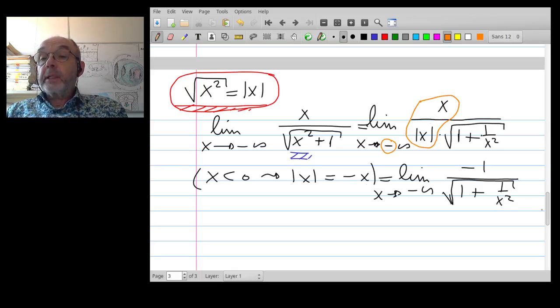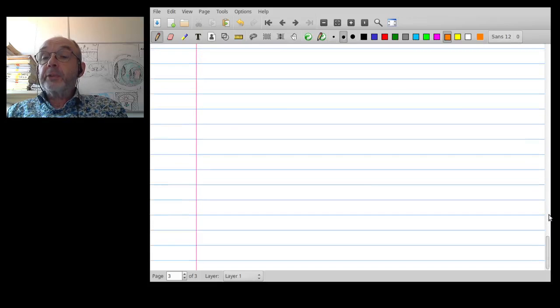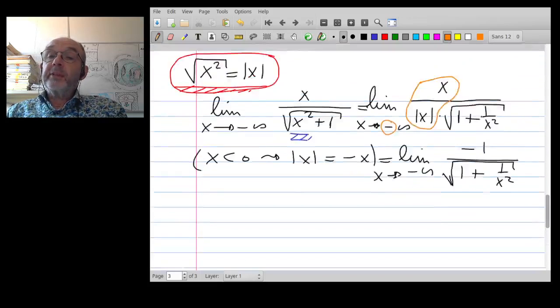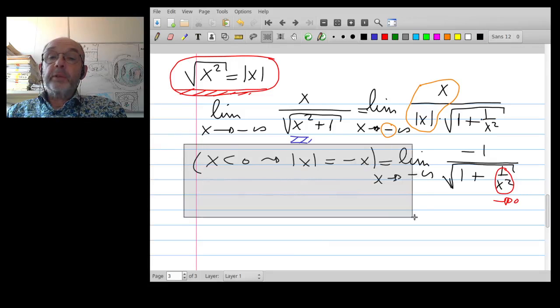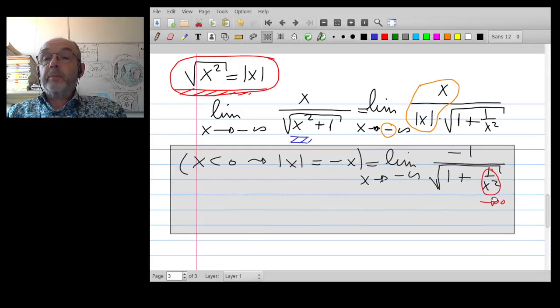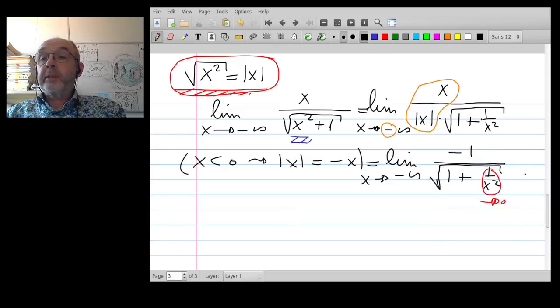As x goes to minus infinity, x squared goes to infinity, this term goes to 0, and we get as the answer of this limit minus 1.